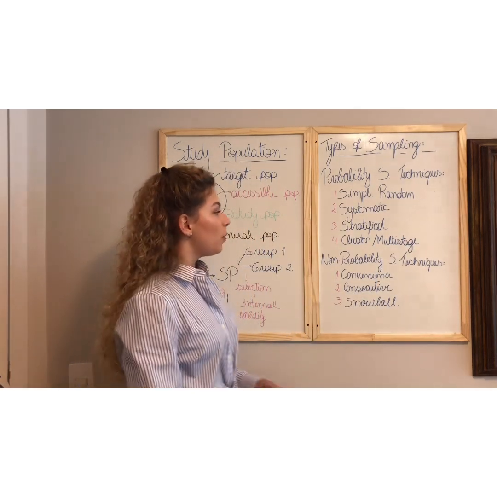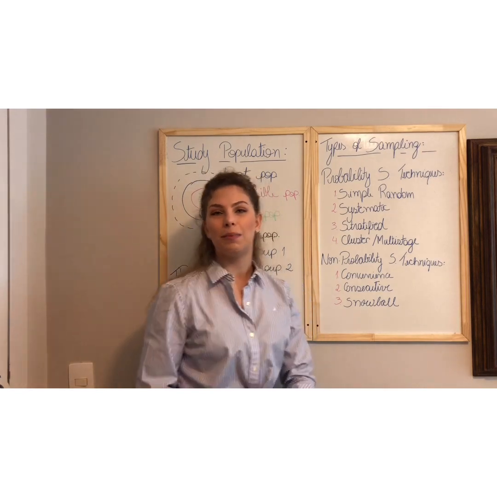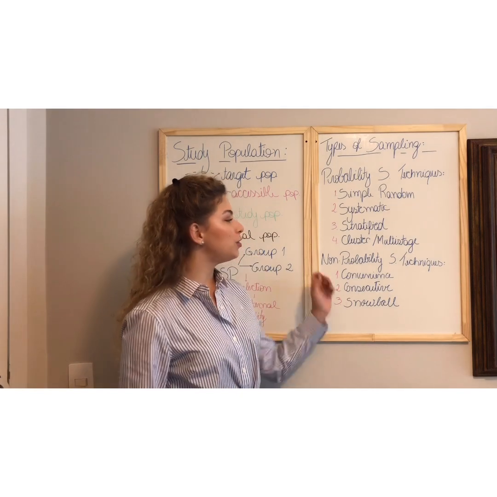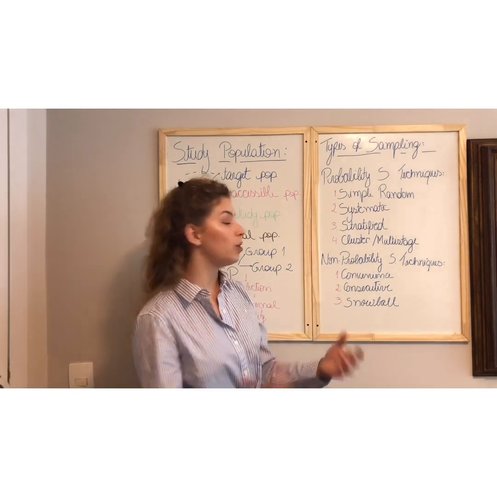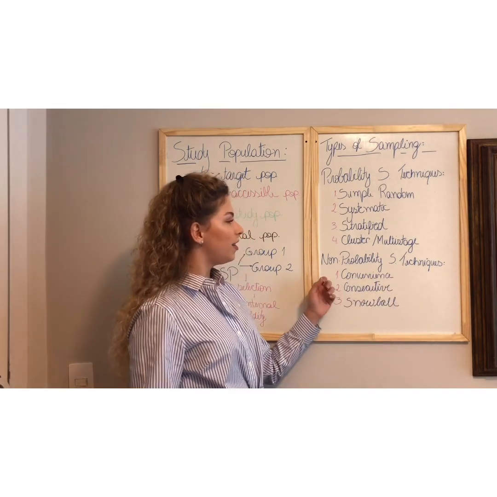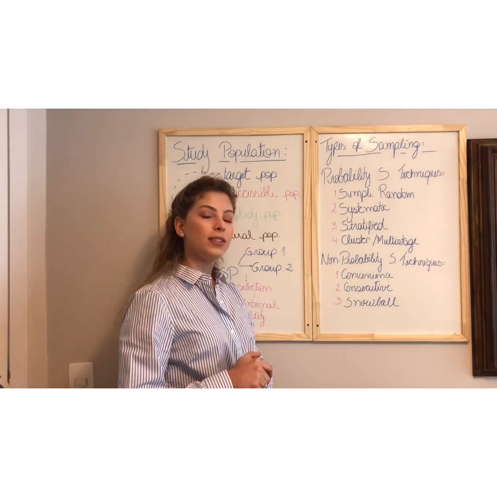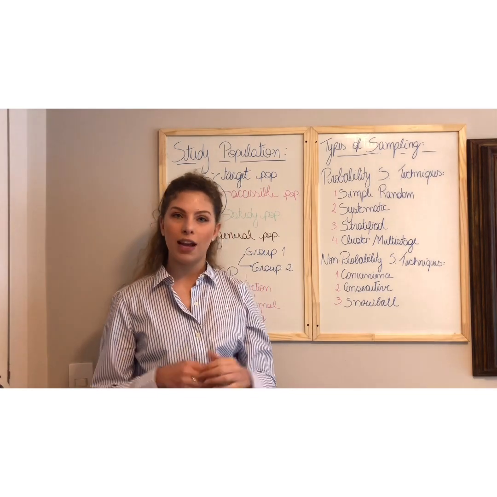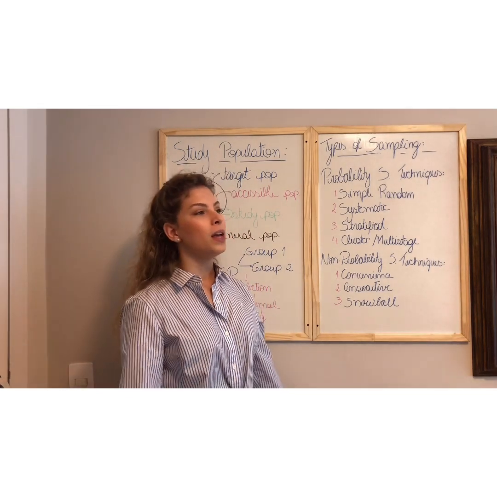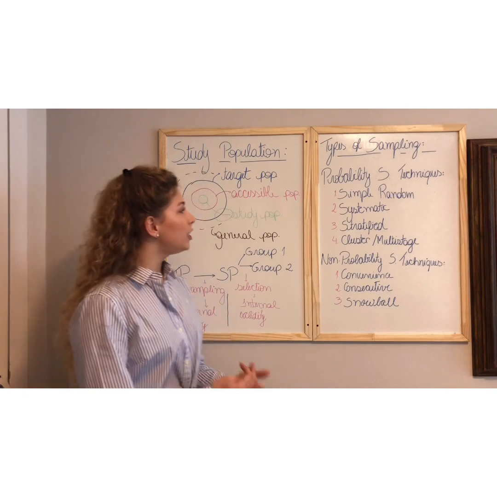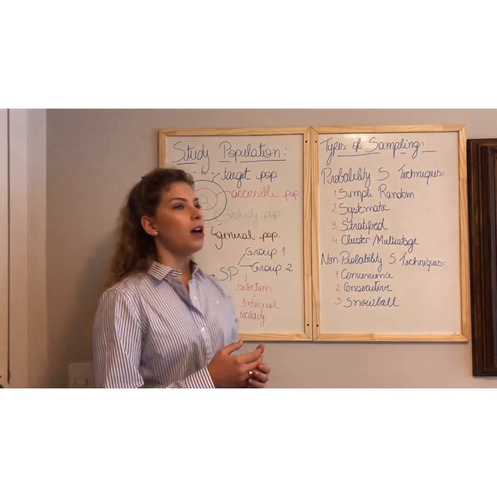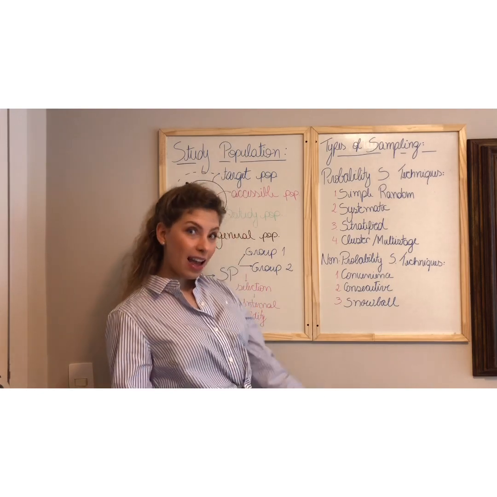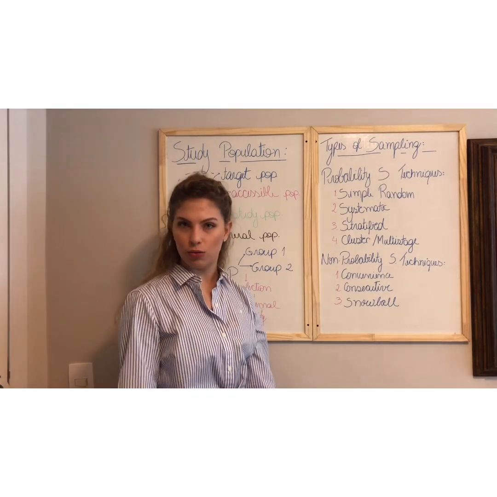Okay, well, then we have non-probability sampling techniques. What is it? As I said, individuals here have different chances of being chosen for the study population. And the first example we have here is convenience sampling. As the name already clarifies for us, the study population is formed by individuals that want or can join the study, the clinical trial.